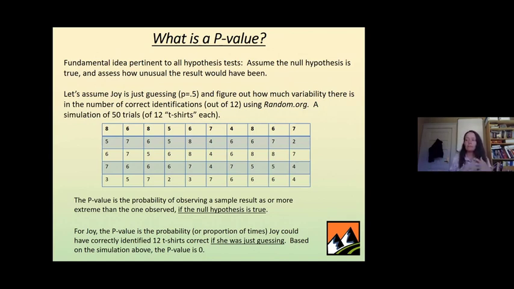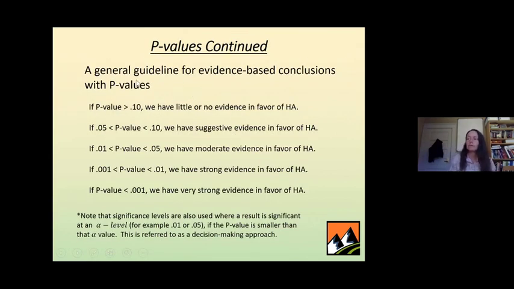It's the probability of observing the sample result if the null hypothesis really is true, basically in a nutshell what is happening. There are general guidelines that we can use if you like. Different p-values can be interpreted differently in different studies depending on different scenarios, but in general, this is a guideline we can use.